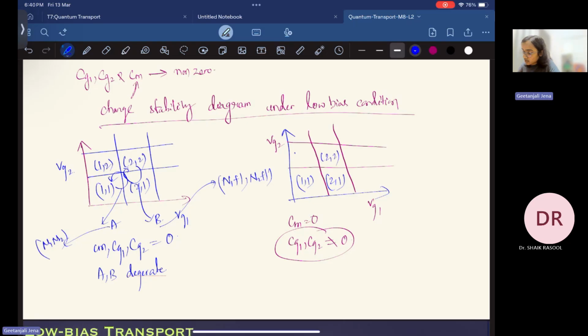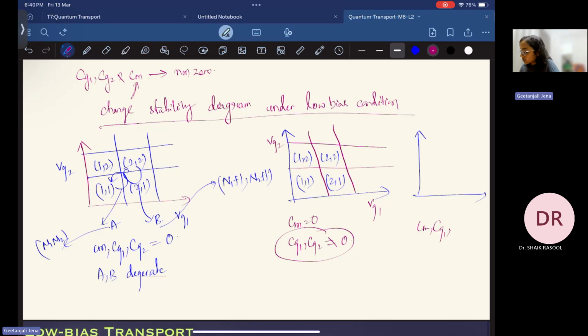The charges are the same. And in the last case, we have seen that all these capacitances are non-zero. Because of this, in addition to the tilting, the 1 state and the 2 state, which are degenerate at this point in the tilted one, now get shifted because the interdot capacitance is non-zero.